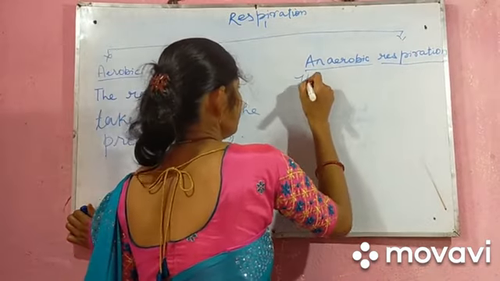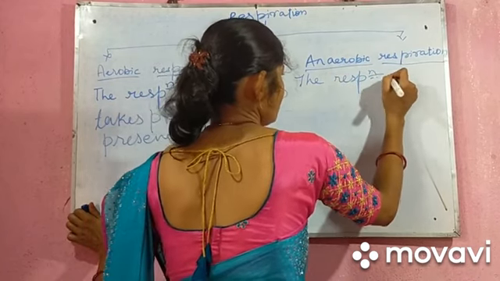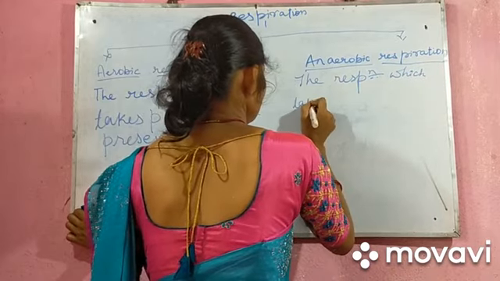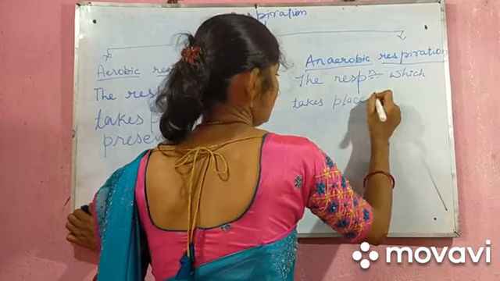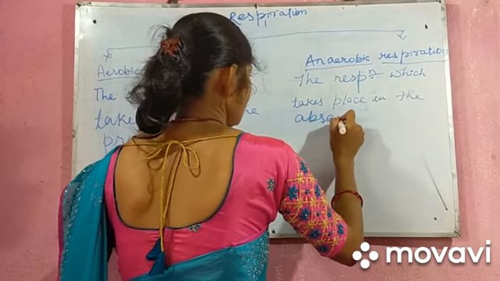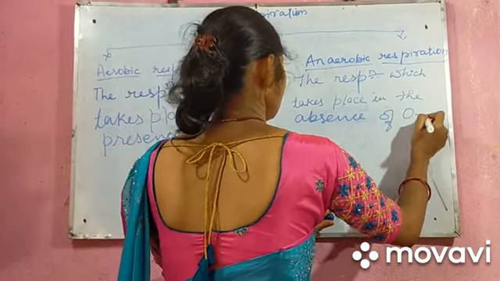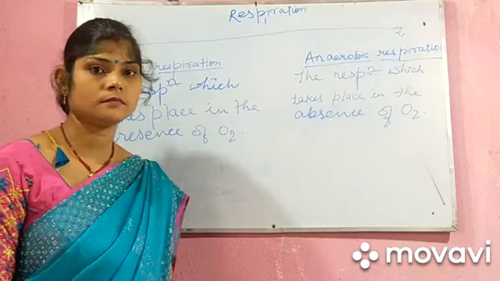Anaerobic respiration takes place in the absence of oxygen. Please write it down.